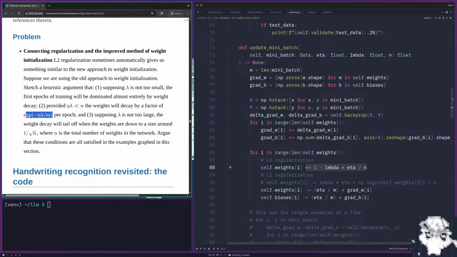I don't know why specifically it would decay as this exponential. So I think I have to give up on this bullet point number 2. And then, supposing lambda is not too large, the weight decay will tail off when the weights are down to a size around 1 over square root of n, where n is the total number of weights in the network.